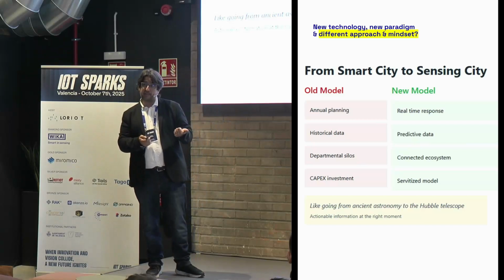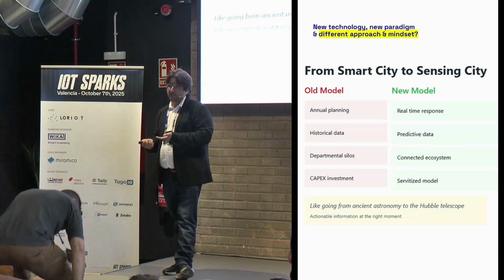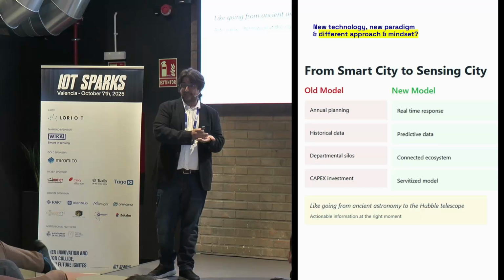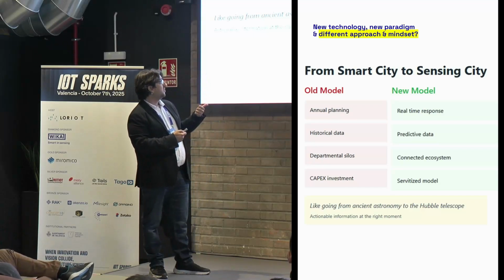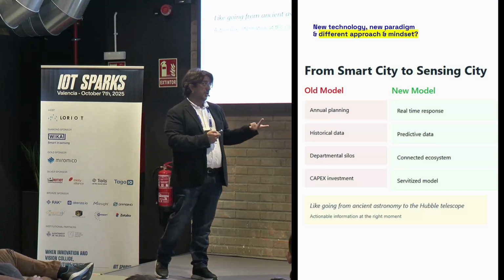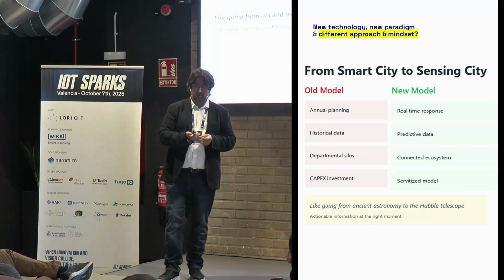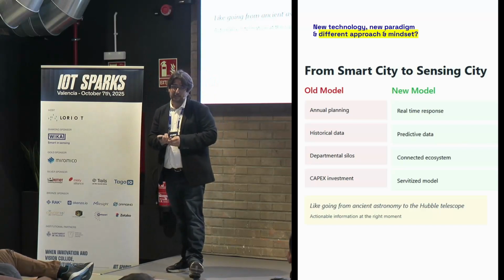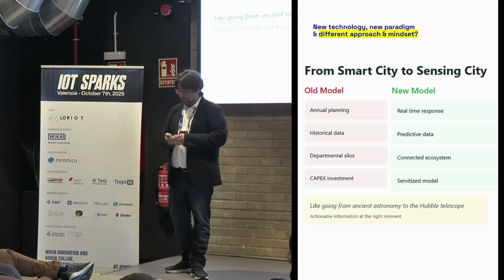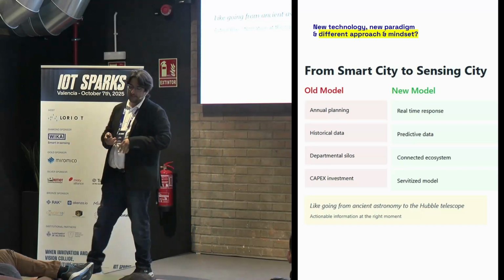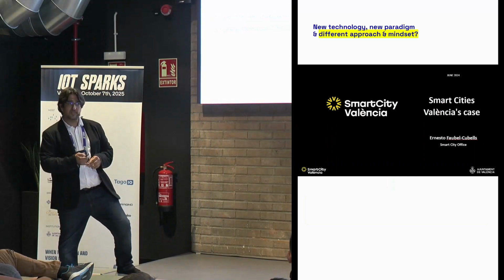We also have the old way to do things and the potential of IoT in order to adapt and be faster, more agile, with real-time response, easy deployment, and connectivity. There is always a quote about the different ways of doing astronomy: look at the stars once a year, or have a big Hubble telescope where you can look at the universe. It's a similar way.